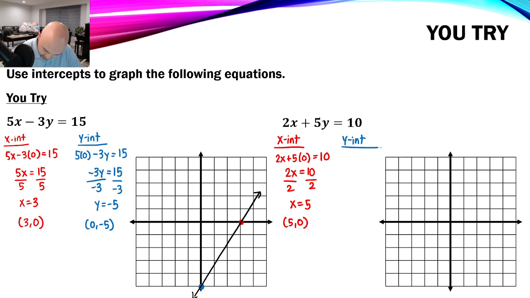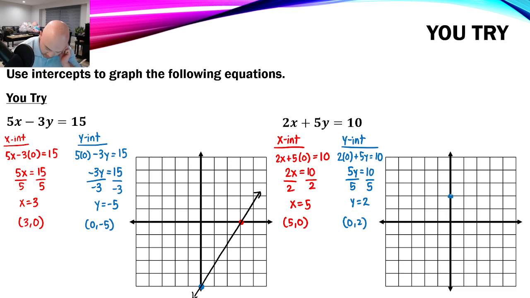Ooh, kind of running out of space here. Let's see if I can fit 2 times 0 plus 5y is equal to 10. 2 times 0 is 0, so I'm just left with 5y is equal to 10. Divide both sides by 5. We're going to get y is equal to 2. So then my coordinate would be 0, 2, which would be, oh, I forgot to graph the first point.